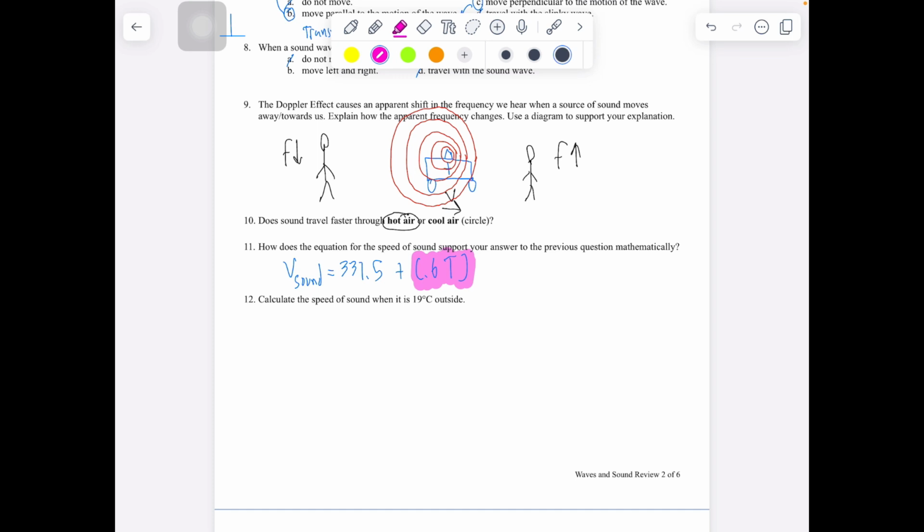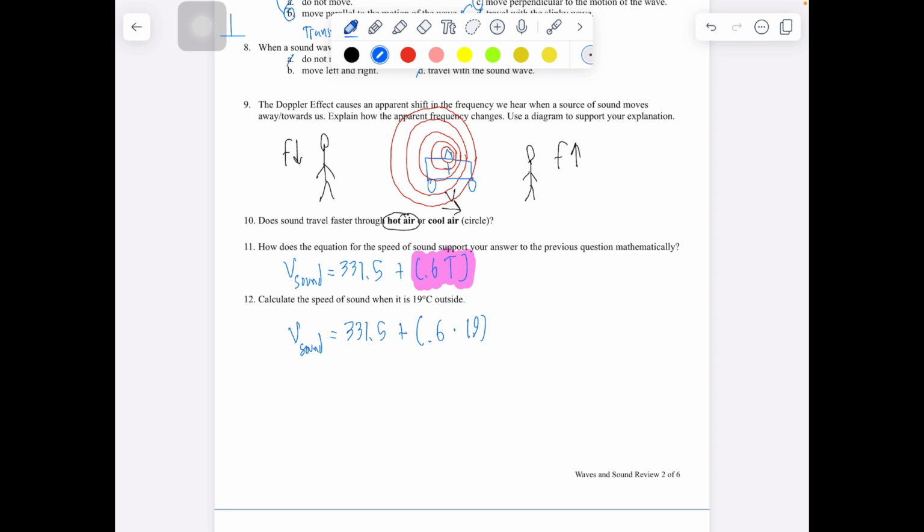We can use this equation to calculate the speed of sound when it is 19 degrees Celsius outside. Write out the speed of sound is equal to 331.5, and we're just not writing in our units to save some space, plus 0.6 times 19 degrees Celsius.